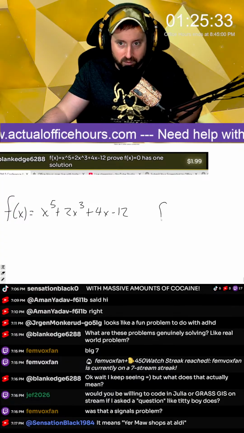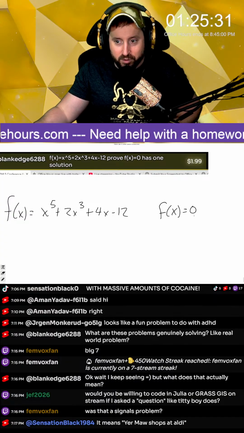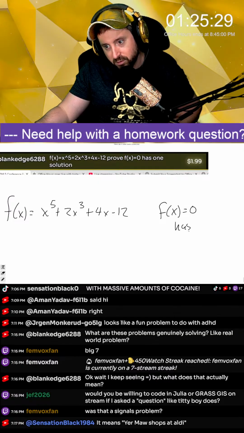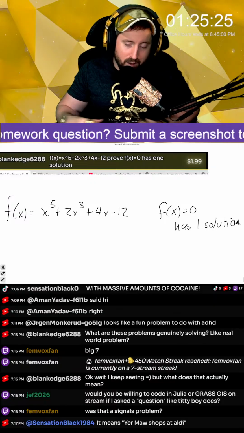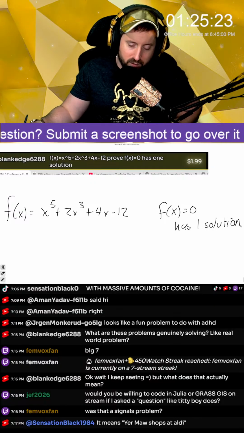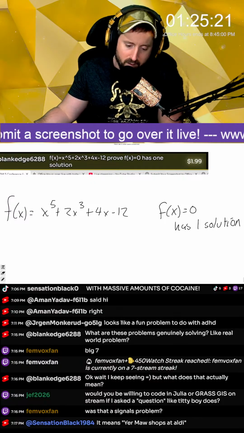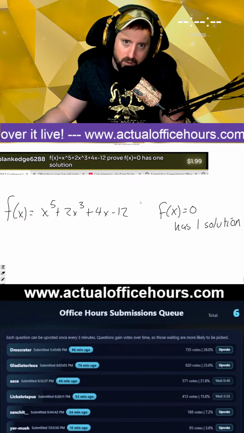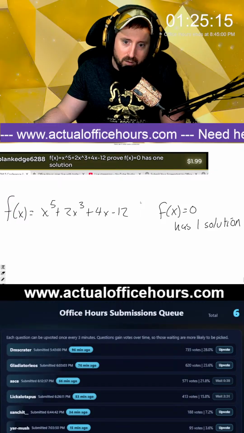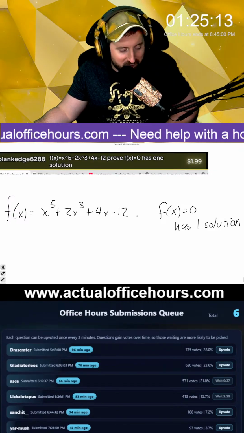Because this looks simple. f of x equals 0 has one solution. I think you have to then, maybe think about the mean value theorem, or intermediate value theorem? Yeah, no fourth or second power term. Suspicious.